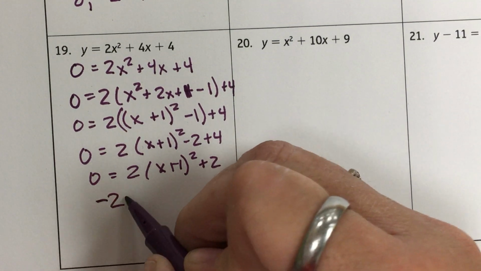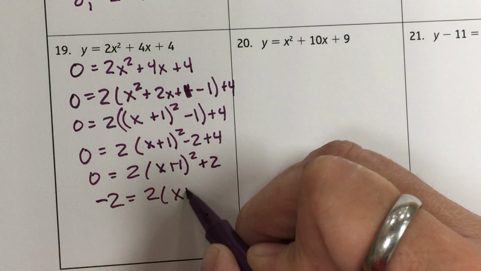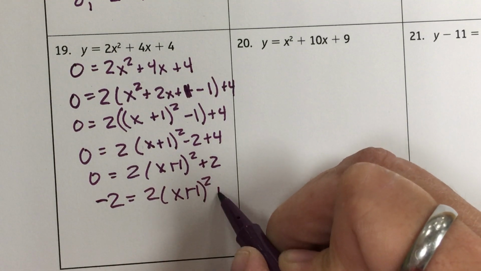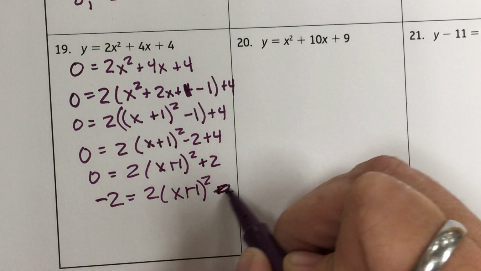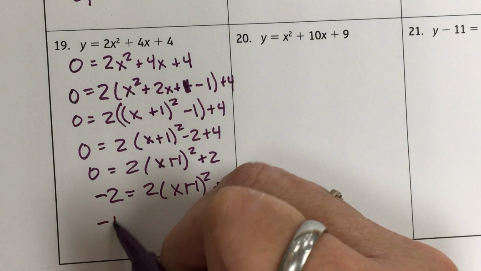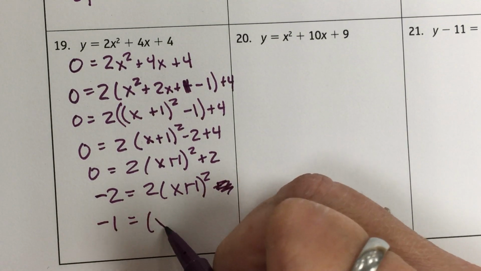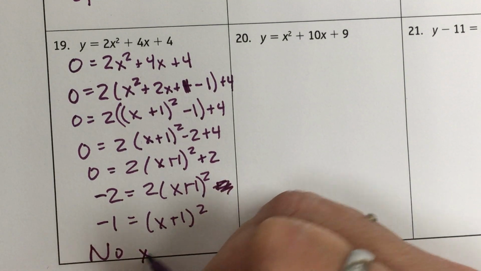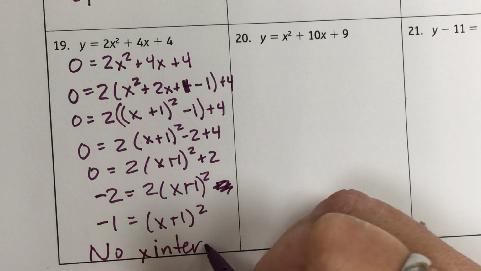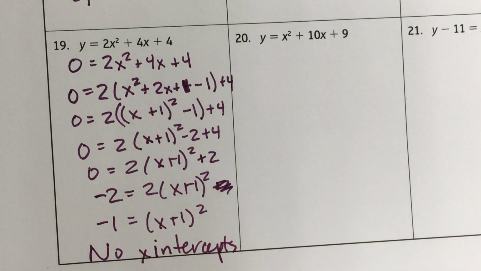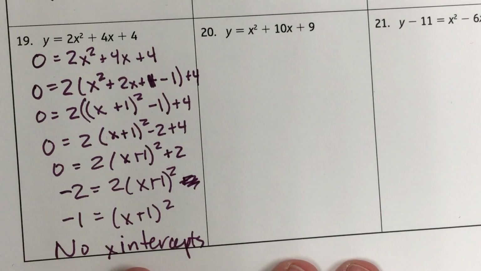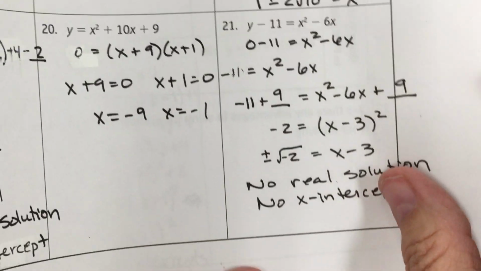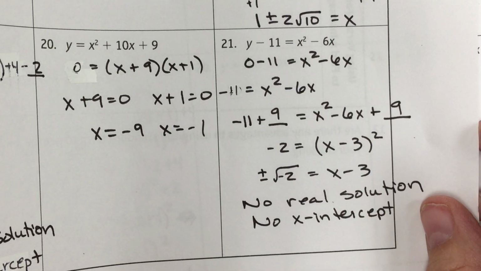And you would have gotten negative 2 equals x plus 1 all squared plus 2. Oh, nope, I just got rid of that. Negative 1. Uh-oh. You can't take the square root of a negative. So that means no x-intercepts. Okay. So the last two, doing the same thing we just did in the last lesson, and those are your answers.